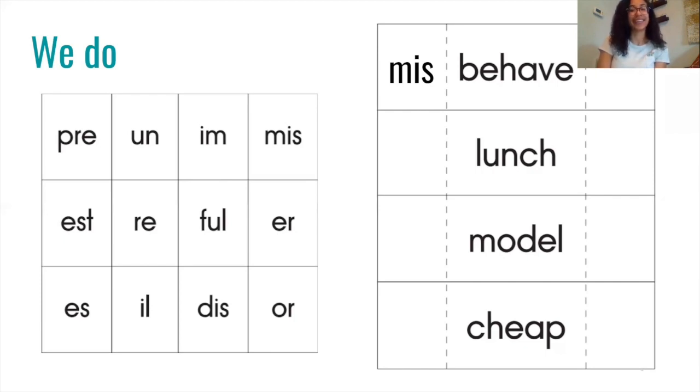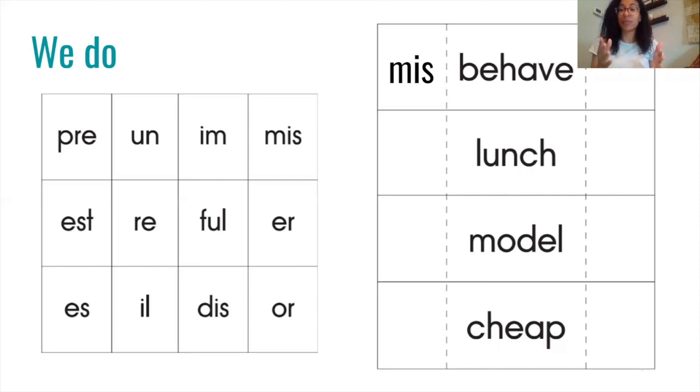The next word is lunch. Now, I'm not going to give you too long on this one. I'm going to go ahead and tell you lunch actually doesn't have an affix here that works. That one does not have an affix that makes a real word. Now, our next word is model. I'm going to give you a second.